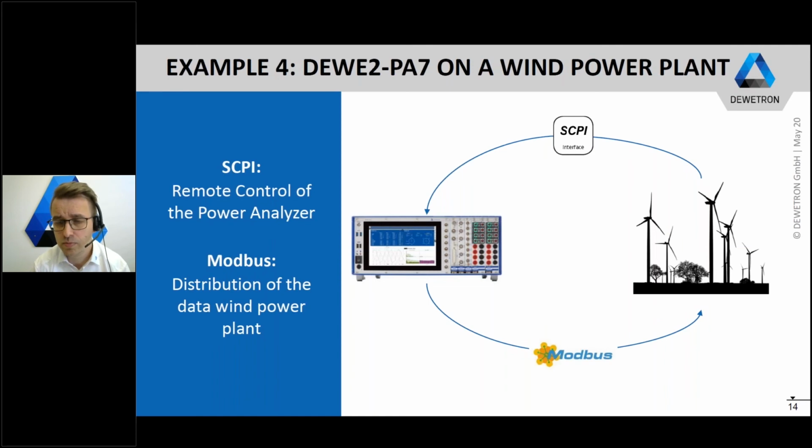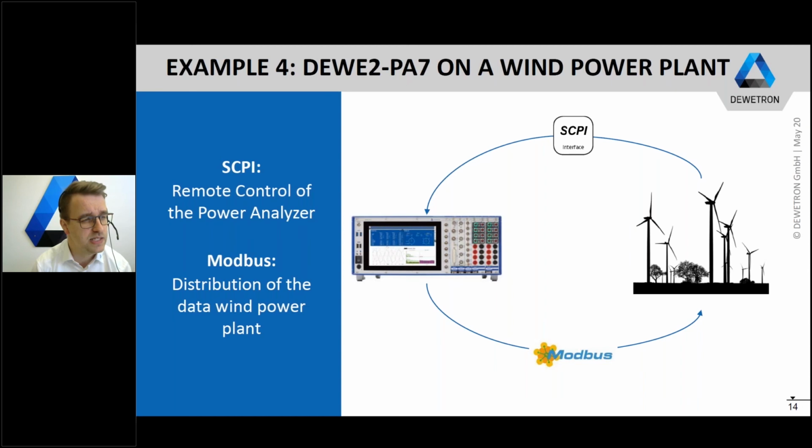Example 4, nothing with test beds, but it was measuring at a wind energy park. Again, of course, SCPI was used to control our system completely. The technician there was also sitting in his home office and also connected via remote control to see live on the Windows machine, on our power analyzer, if everything is working.